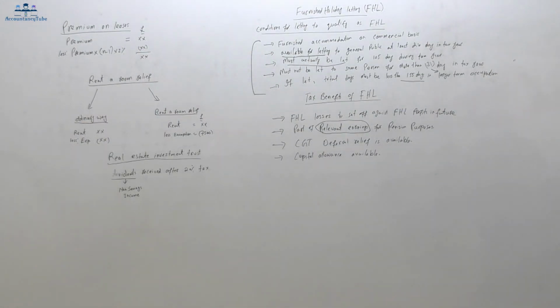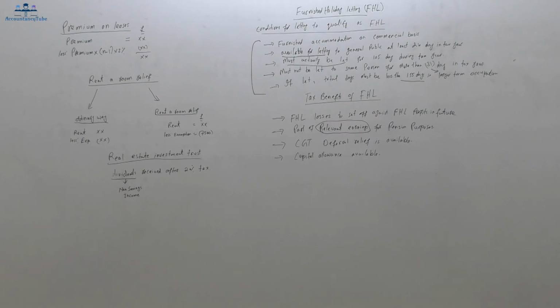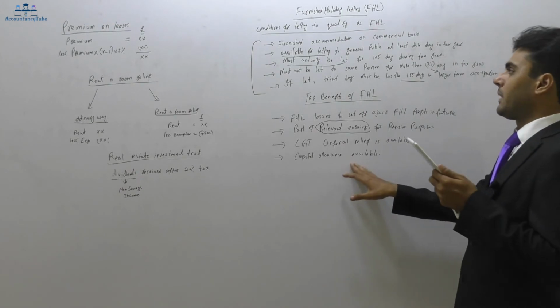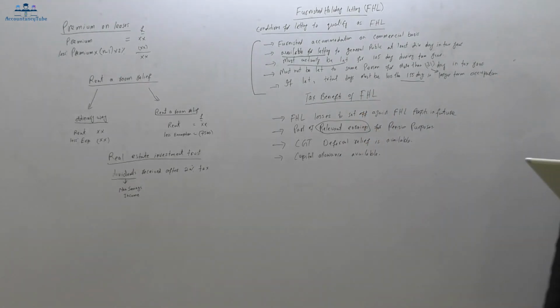The replacement of domestic items relief is simply replacement of furniture relief. So it says 10%. Just delete this 10%, please. There's no 10%. Capital allowances on the furniture of the furnished holiday letting will be available on all of it, not on the 10%, please. So just delete this 10%.